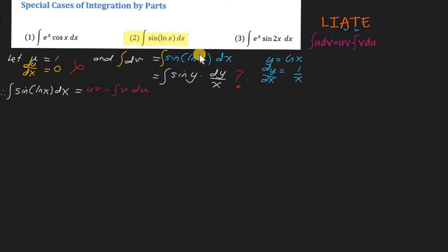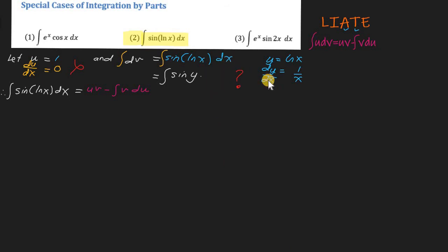And in fact, just now I said I am to use a simple u substitution, replacing sine ln x as 1 variable y. But when you replace, you have to change dx into y. What is dx?